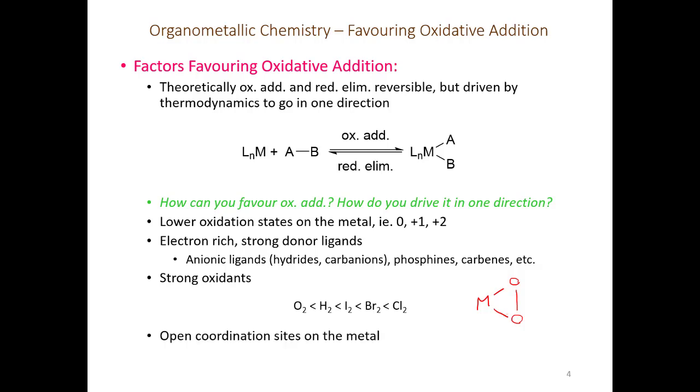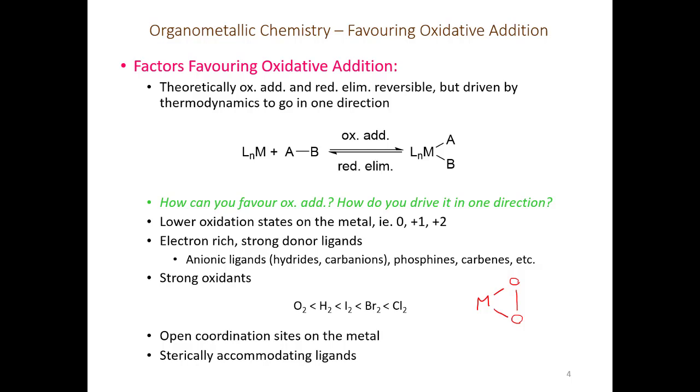Another thing we will see is that oxidative addition often involves a ligand substitution reaction because you need open coordination sites on the metal, initially for AB to bind to the metal, and then also you need vacant sites for the MA and MB bonds that form. And along the same lines, oxidative addition is favored by sterically accommodating ligands.